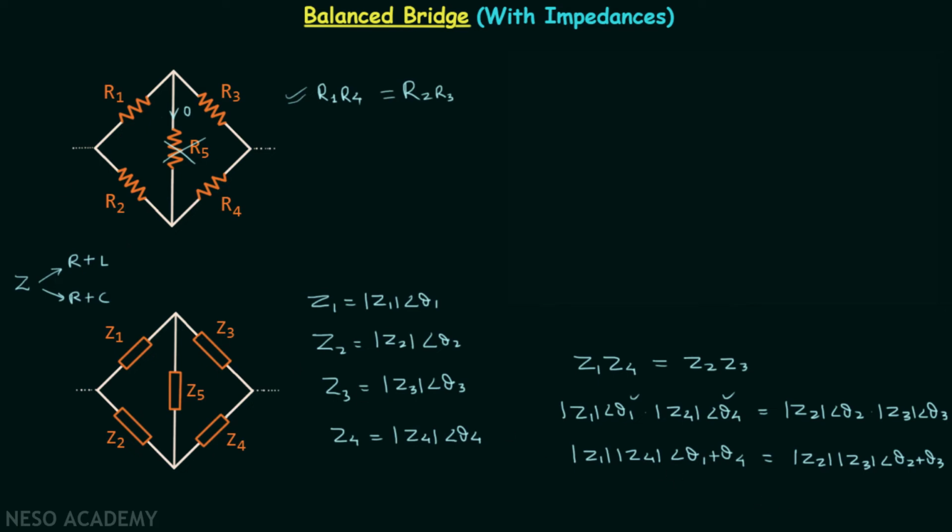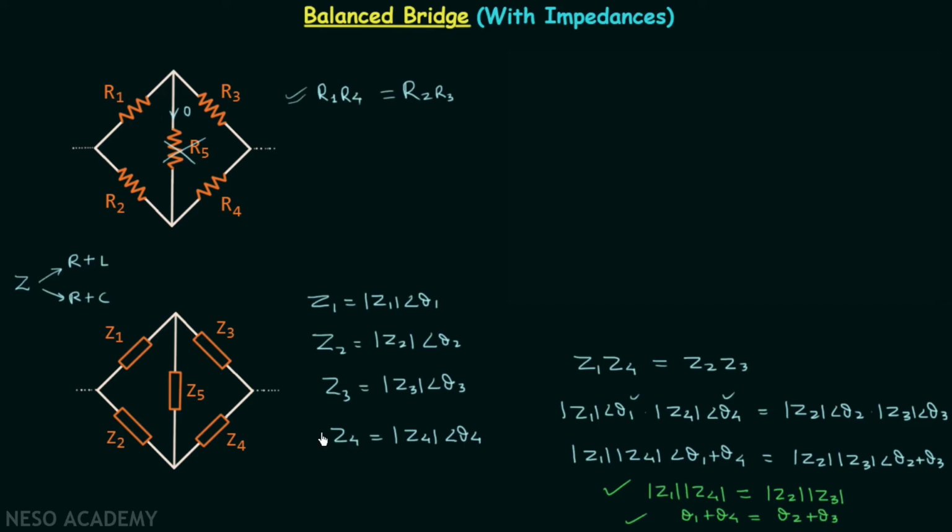Now on comparison we can see that mod Z1 multiplied by mod Z4 must be equal to mod Z2 multiplied by mod Z3. This is one condition, and the next condition is theta 1 plus theta 4 should be equal to theta 2 plus theta 3. This is condition number 2.